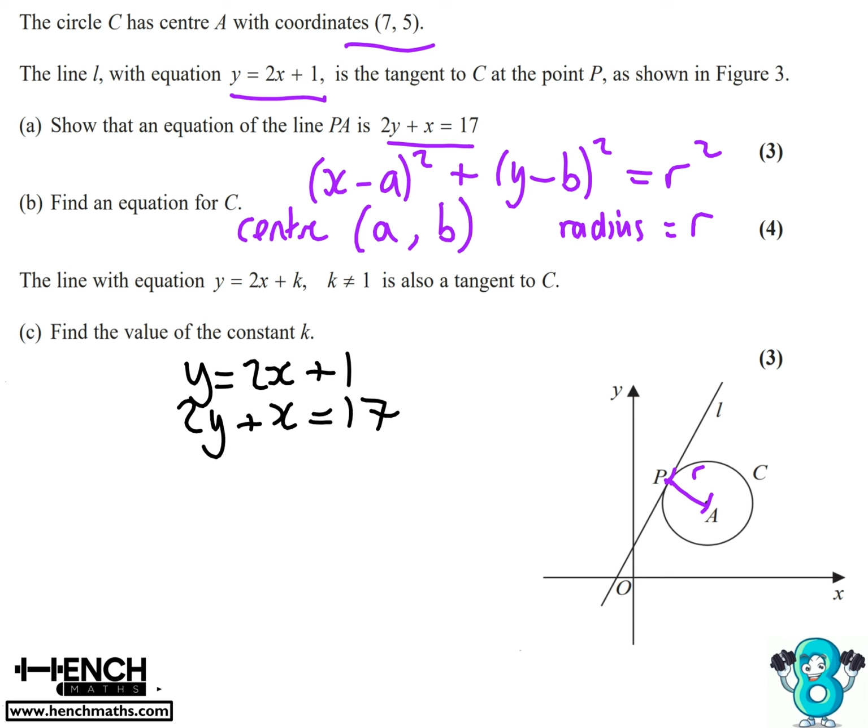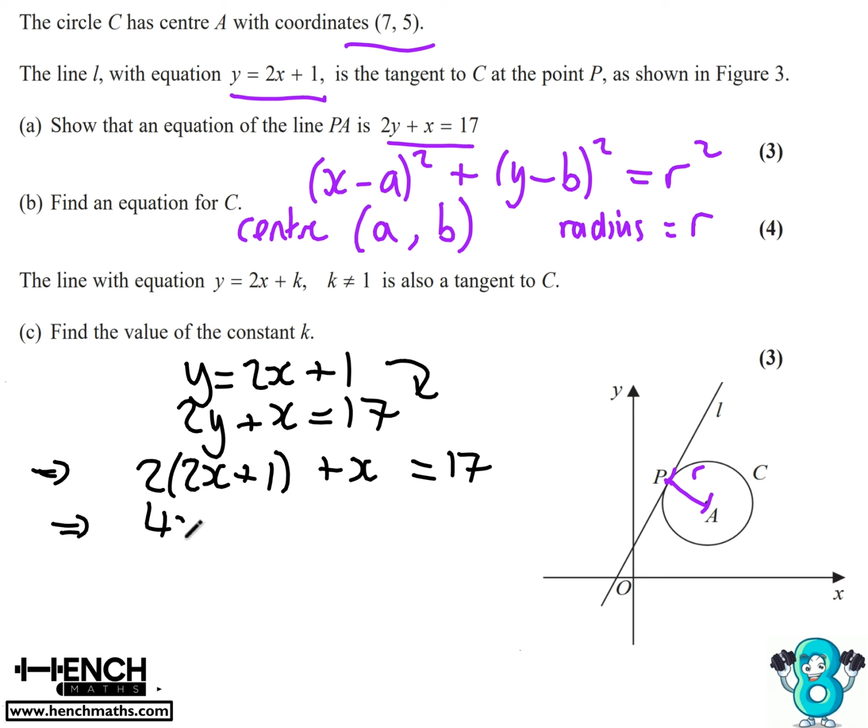Now because y is the subject, what we could actually do is a substitution, put that straight in there. So that implies that we get 2 lots of 2x plus 1 plus x is equal to 17. So that would be 4x plus 2 plus x equals 17.